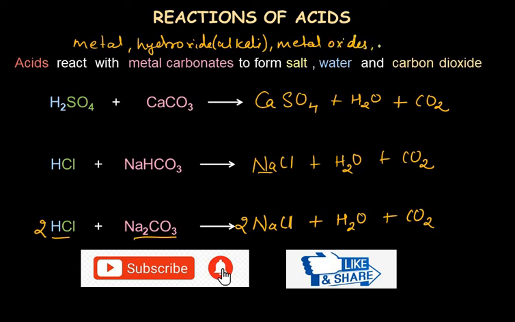We also studied its reaction with the ammonia, and we also studied it with the metal carbonate. So these are the types of reactions we need to study when we are studying the topic acid and base. So these are the chemical properties of the acids.